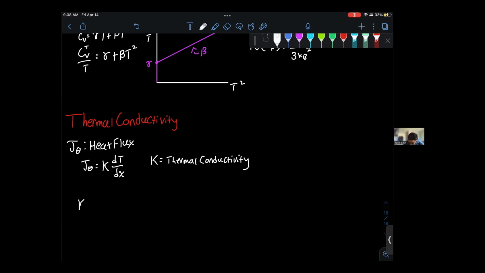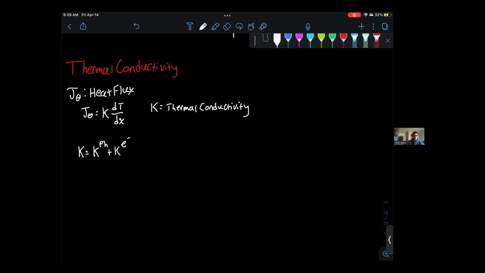And this thermal conductivity, just like our specific heat capacity, has a term from phonons, and it has a term from electrons. So let's take a look at what it looks like.